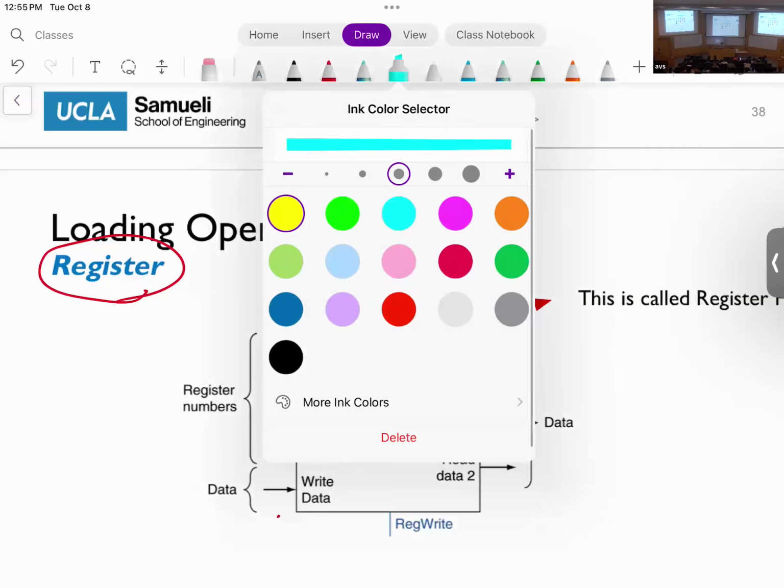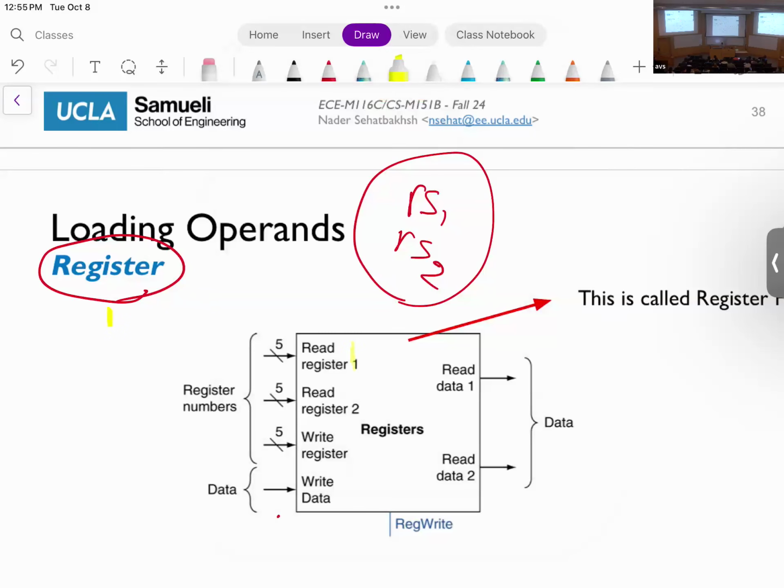So here's what I'm going to do. I'm going to have read register 1 and read register 2. These are the numbers that we're going to provide. This is RS1 and RS2. And remember, there are 5 bits. Why are there 5 bits? Because we have 0 to 31 different registers, okay? So we're going to provide these 2 5-bit numbers, and then what we're going to read are the actual values, okay?